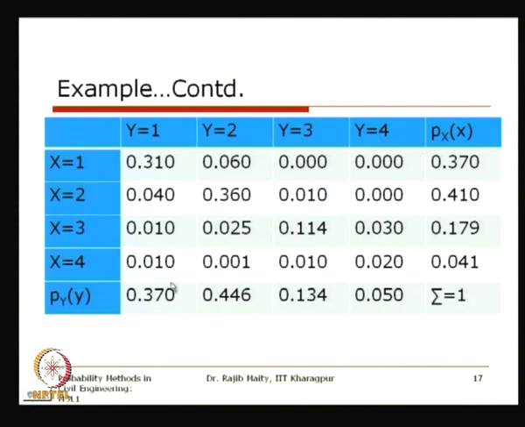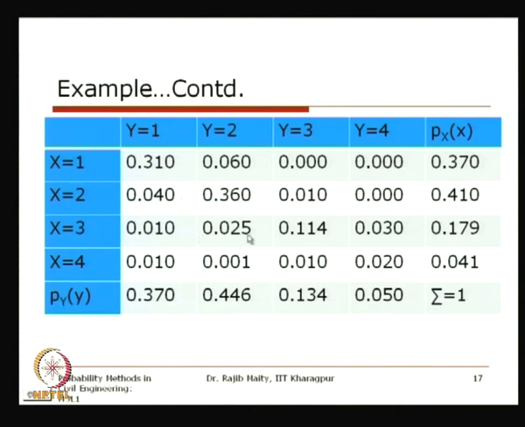Now, as a quick check, for this 4 by 4 matrix with the different possible values of x and y, if we add them up, the summation should be equal to 1.